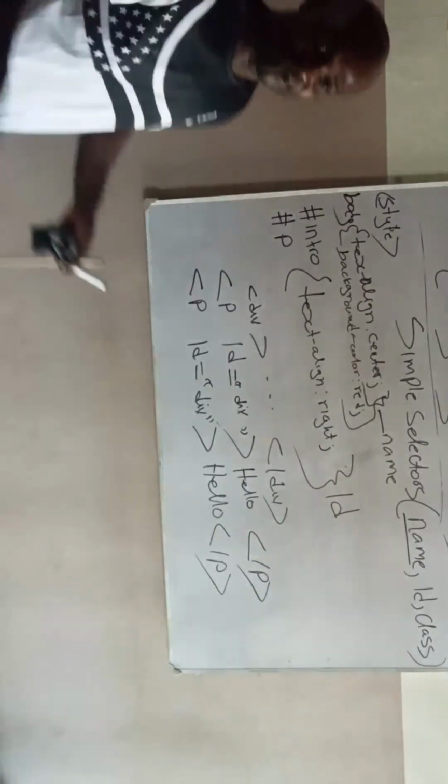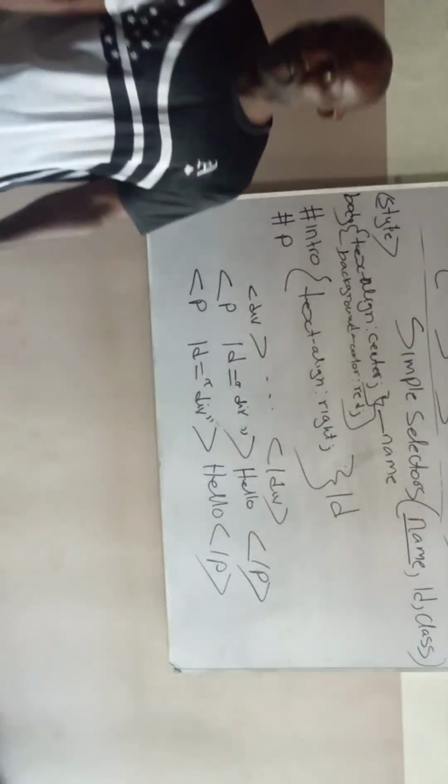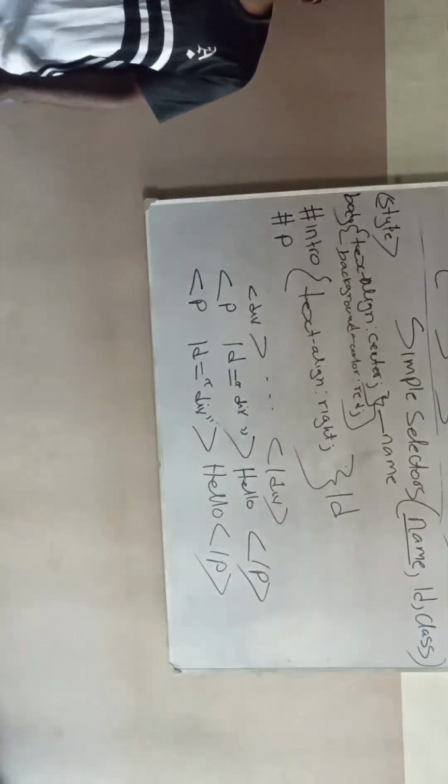Any element or all my elements can be styled. But you cannot make head red, because head cannot be displayed. You need the body and other body elements, because that is what the person looking at the system will see.